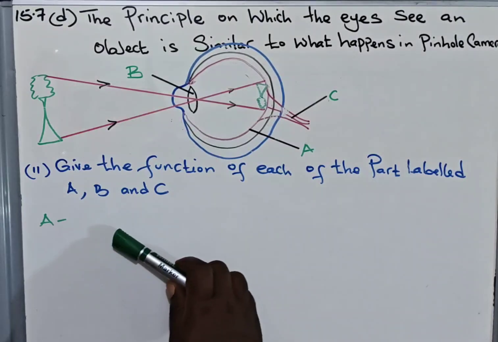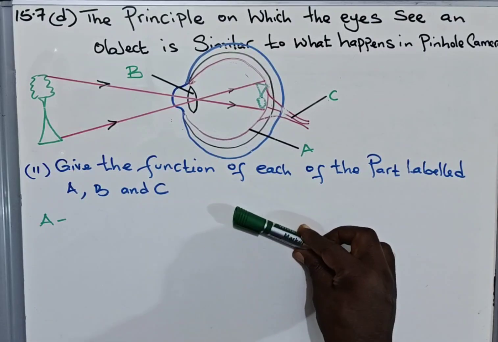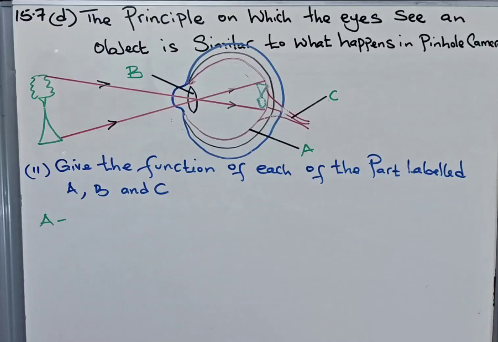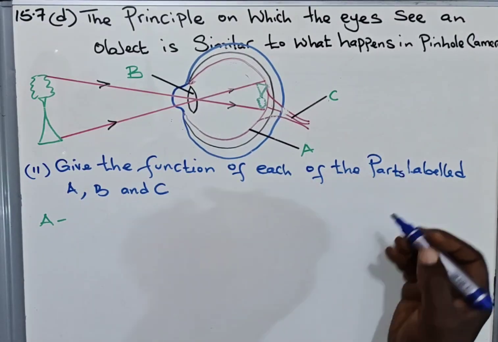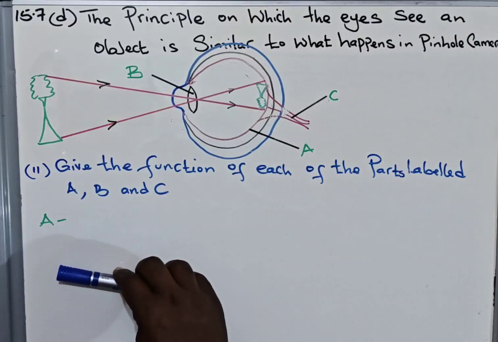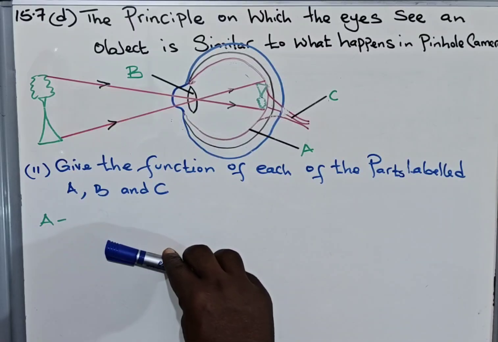Then we come to this question. It says give the function of each of the parts labeled A, B, and C. What is the function of part A, this inner lining of the eye? The function is that it contains light sensitive cells, and it's where the image is formed.